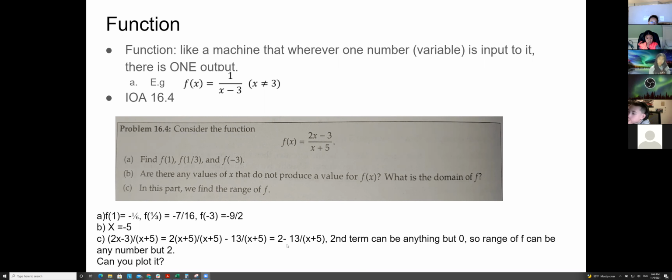And if we want to plot it, we can. Have you learned plotting the basic functions like line and inverse line? So if you want to plot it, it would be something like this.